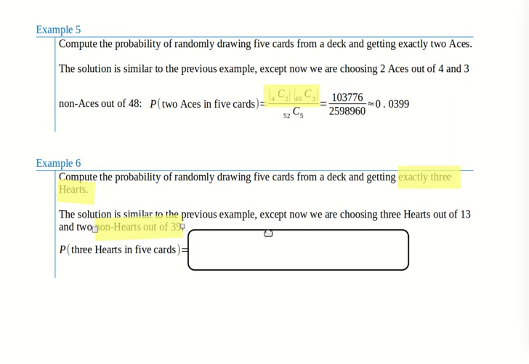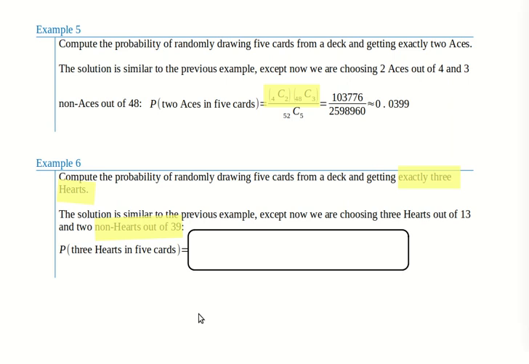So you might take a look back at that previous question and say, of the 13 hearts, we're choosing 3 of them. So you can imagine the first thing that we're going to look for in our numerator is 13 choose 3. There are 39 non-hearts and 2 remaining cards to be pulled.